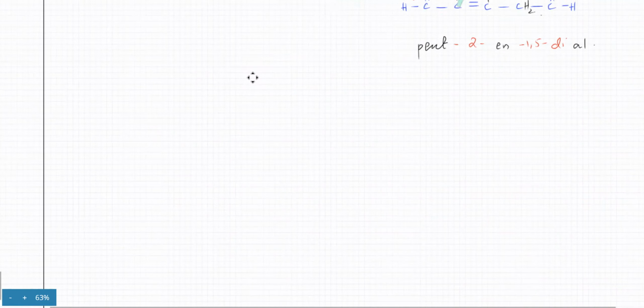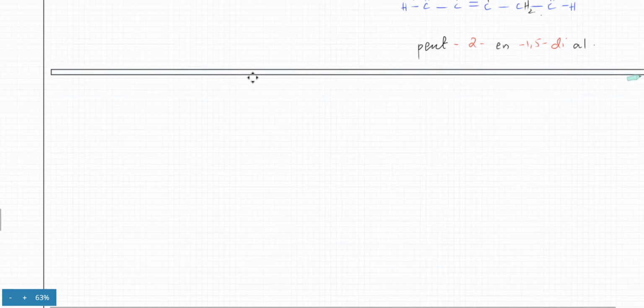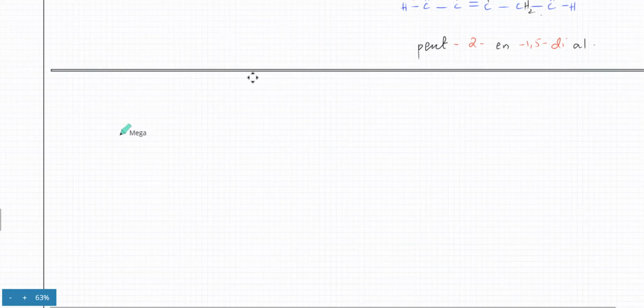Now, how do you name a ketone? And what's a ketone? In a ketone, you have C double bond O somewhere in the middle. So let's focus on ketones. The suffix is pretty obvious.